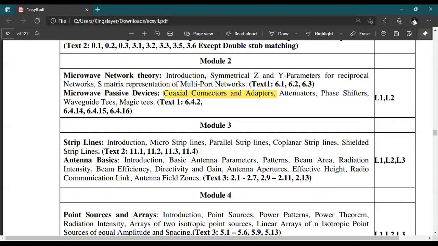Okay, so I am going to try to explain the concepts of coaxial connectors and adapters to you today.